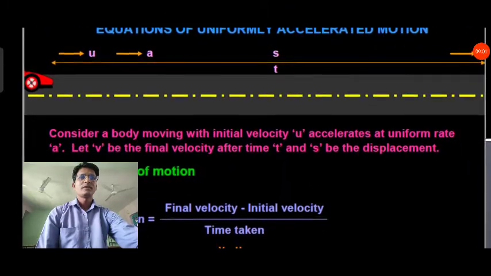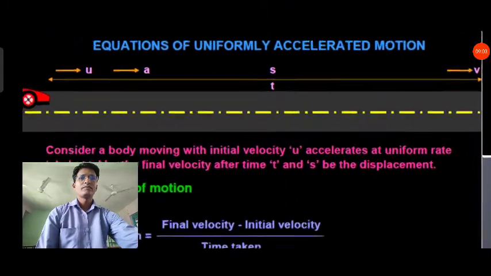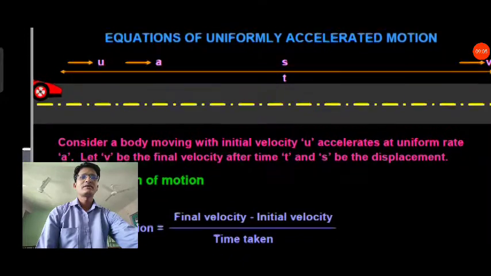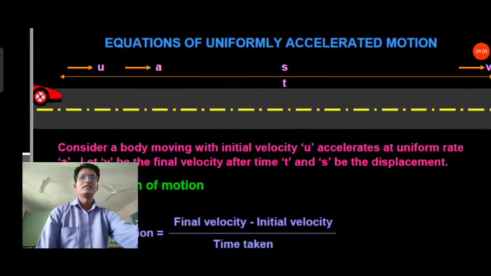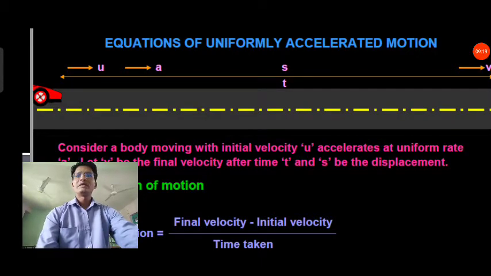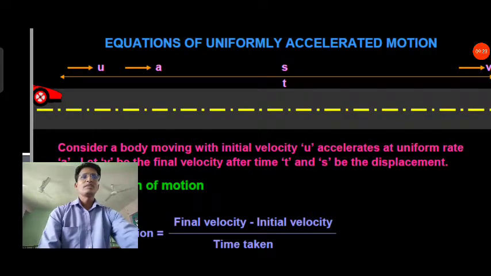So here you can see in this diagram, the car is moving in a straight line with increasing speed, which is uniformly accelerated motion. So u and a: a is the acceleration, u is the initial velocity, and v is the final velocity. Remember this.